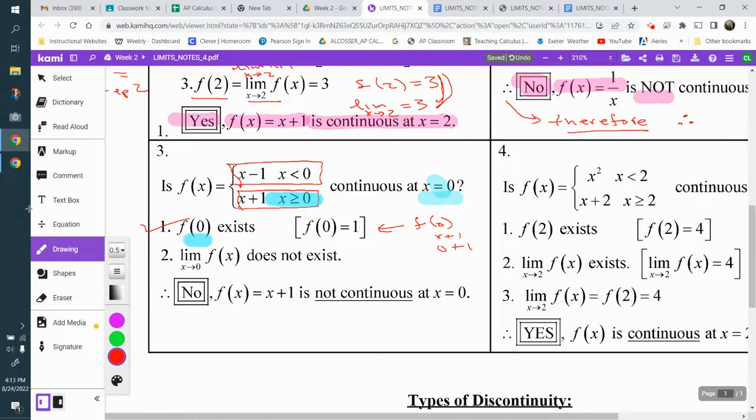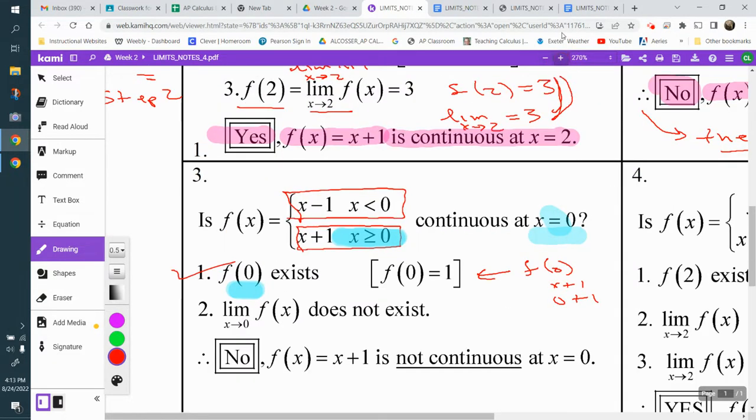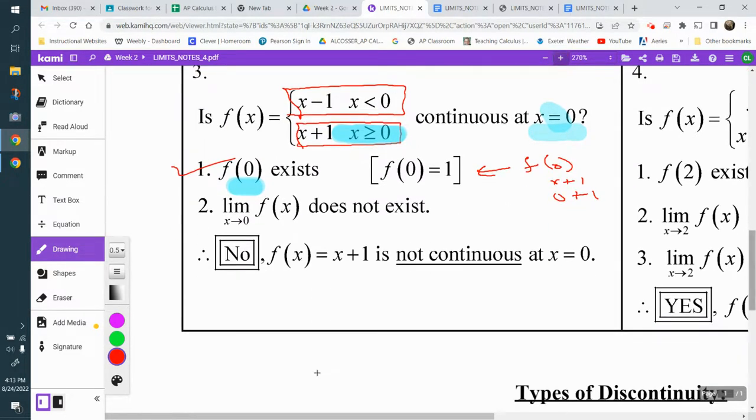It exists. Cool. So then we go here to this piece here, and we have to find the limit at 0. Now, we have a problem here. If I look at this and just draw a quick graph of this, you can put it on your calculator too, guys. I know at 0 to the left, it's an open dot at -1, and it goes this way.